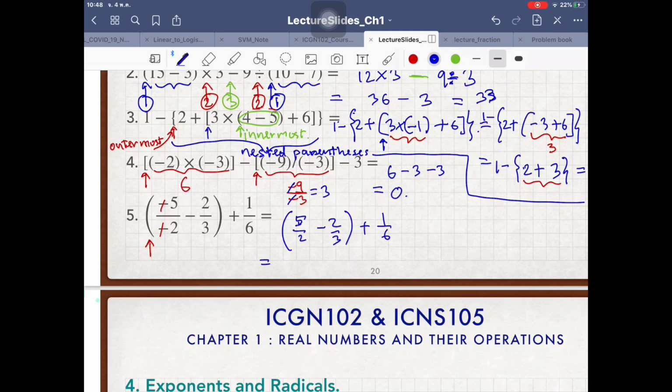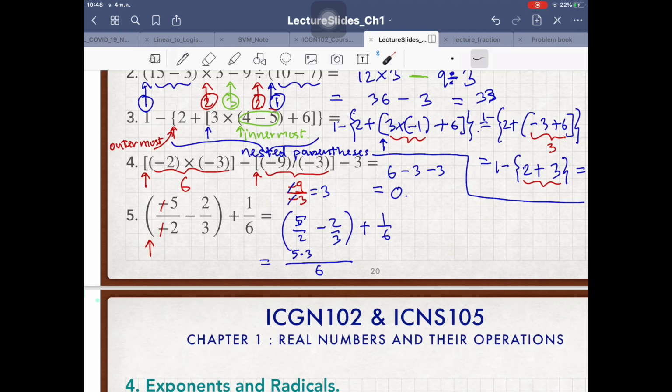And then for the first two fractions, now you can combine them together. First you just find the LCD, the least common divisor, and here you get 6. So the first term will become 5 times 3.